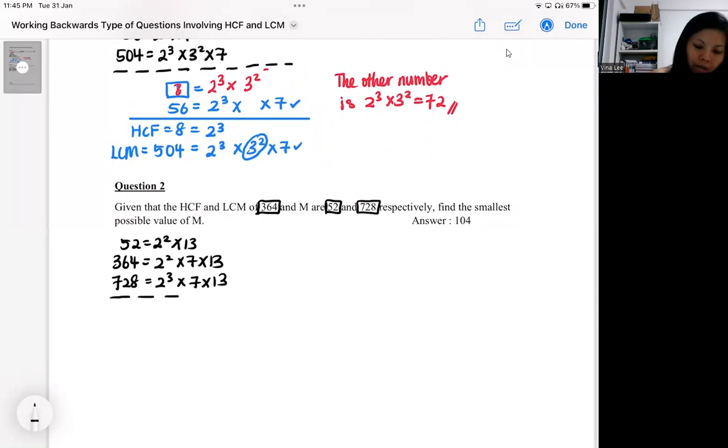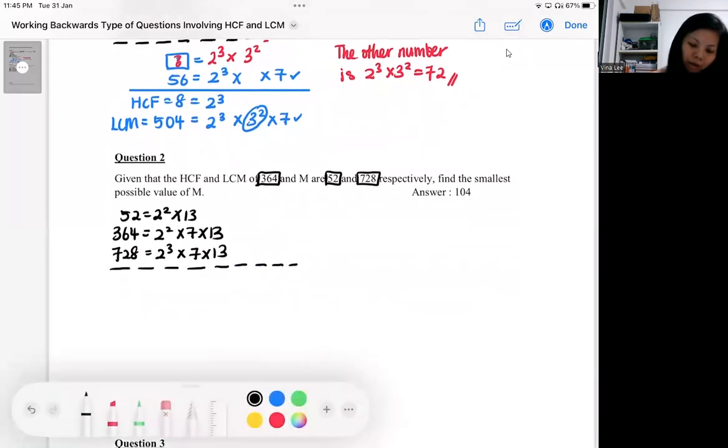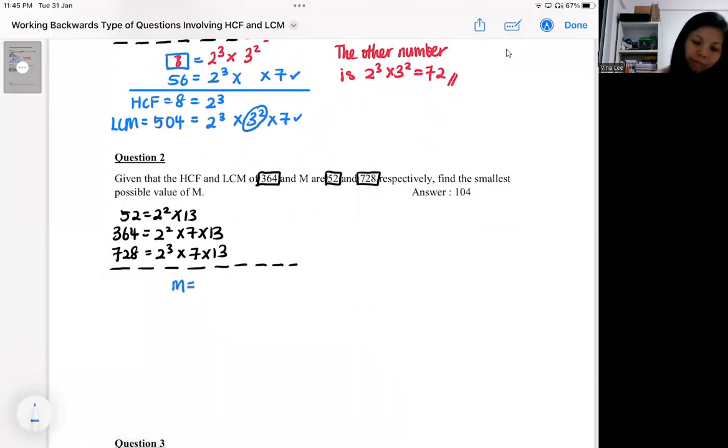After the basic prime factorization, let's arrange them in such a way that we can work backwards. So m is the unknown number, and 364 is the other number. 364 is 2 square times 7 times 13.